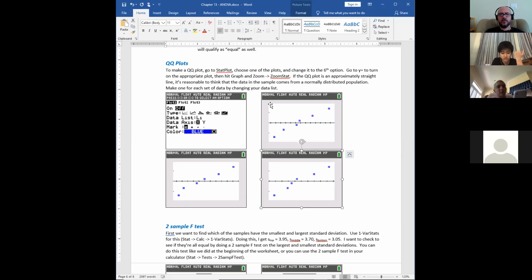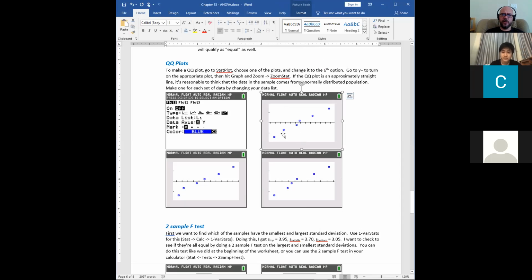And then Y equals and then just graph. Yeah, just hit graph. And you probably won't see anything. It probably looks blank. So you want to zoom stat. You got to go to zoom and zoom stat like this, because it's probably looking at the wrong area on the graph. So zoom, and then zoom stat, 9. Okay, gotcha. Yeah, and then you should see this, I think. Okay, yeah, gotcha. Thank you.